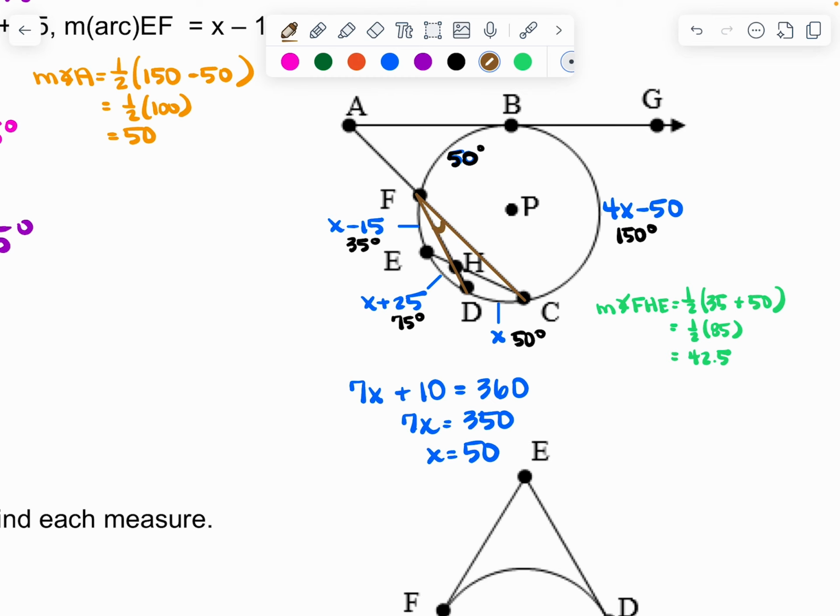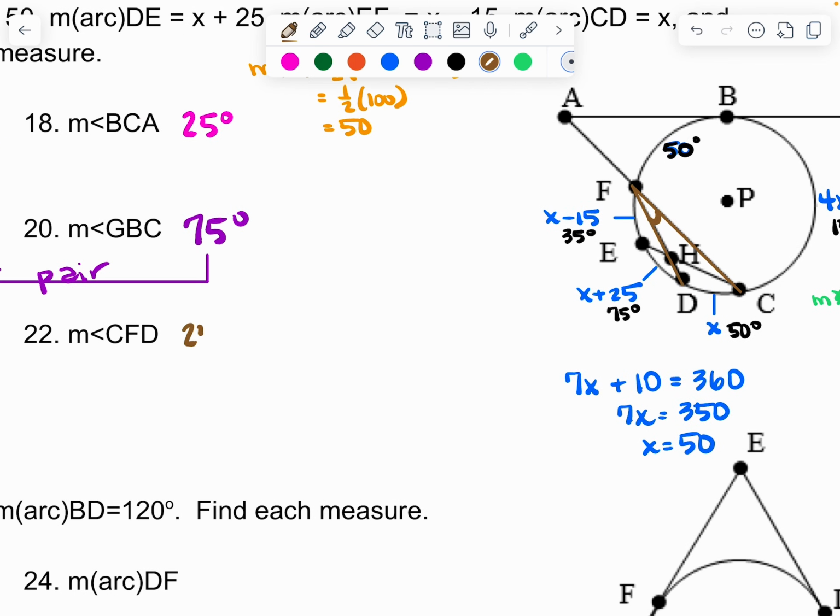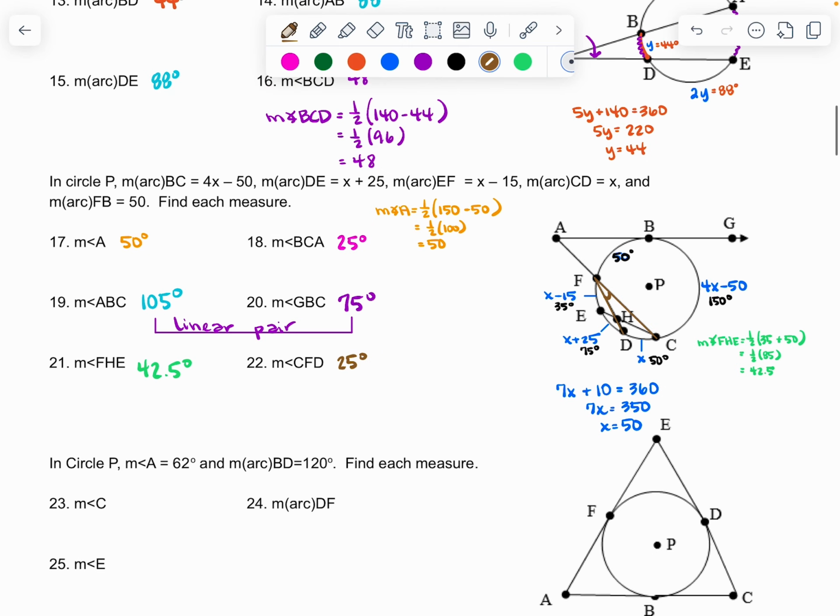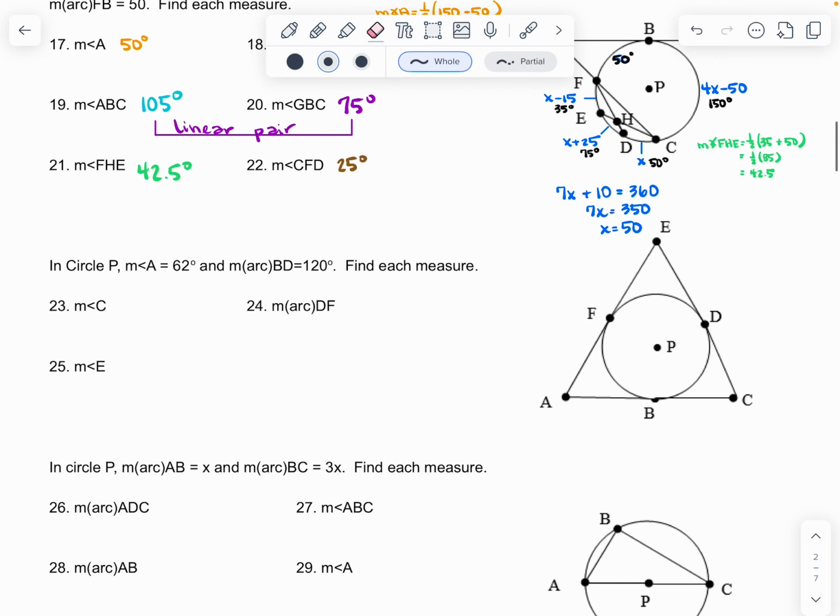So we're talking about this angle right here. Well, that's just an inscribed angle. And we know he's going to be half of his intercepted arc, which is 50. That's the x we solved for at the very beginning. So he is, of course, going to be 25 degrees. And voila, we just solved that crazy picture there and all those angles. Okay. All right, moving right along.